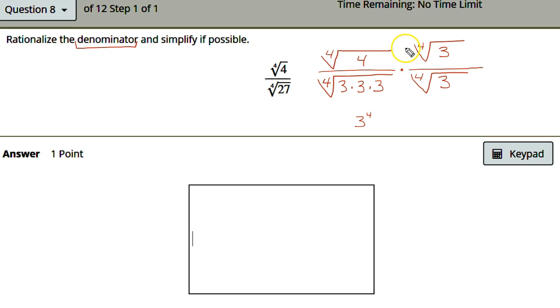Now, since our index numbers are the same, we can just multiply our radicands, and we're going to get the fourth root of 12. Now, our denominator is going to be the fourth root of 81 now, which is a perfect fourth, which is 3. So I've simplified by rationalizing the denominator. In this form, it's irrational. Now it's rational.